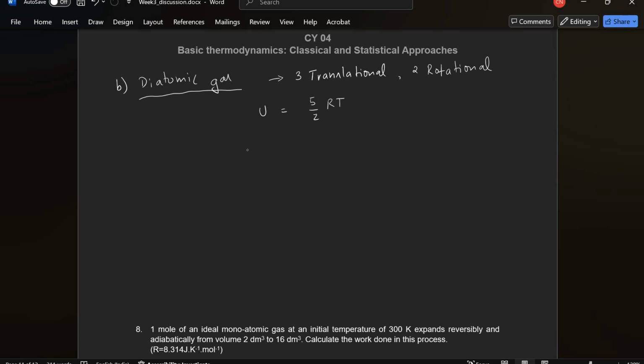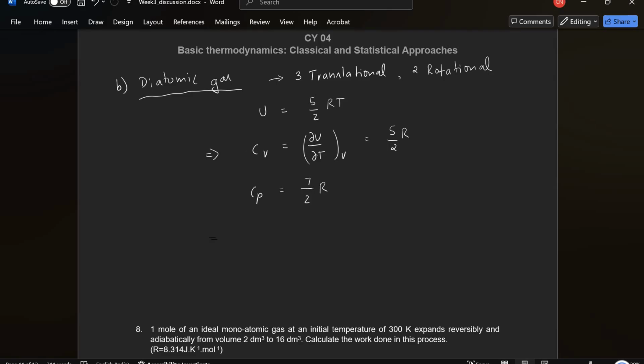Which implies CV, which is dU by dT at constant volume, is going to be 5 by 2 R. So then CP is going to be 7 by 2 R, right?